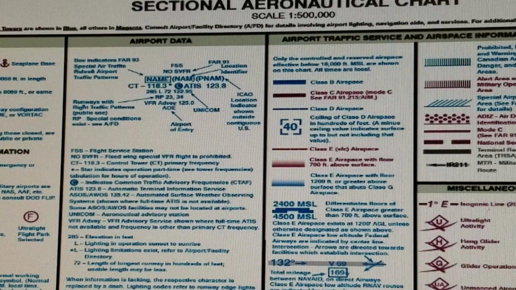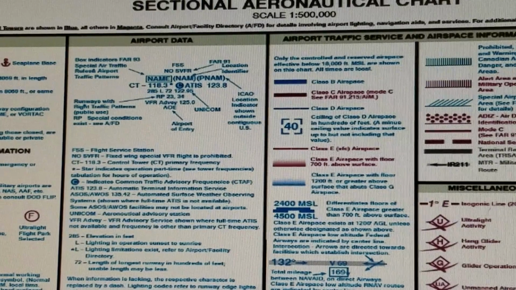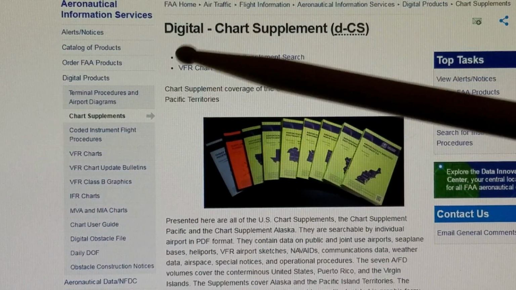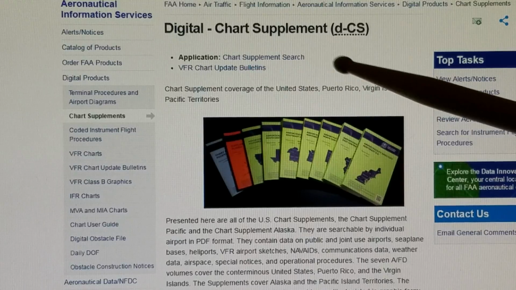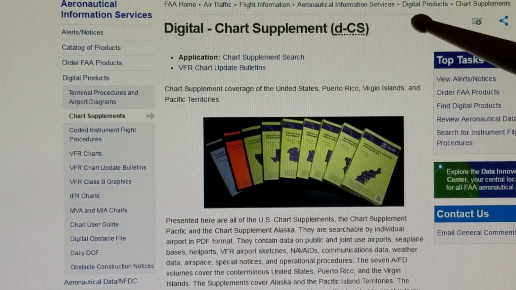Why I bring that up is there is a name change that the FAA has done. They call it digital charts now. I will show that also. See, friends, on the FAA website it says digital chart supplements, D-CS.